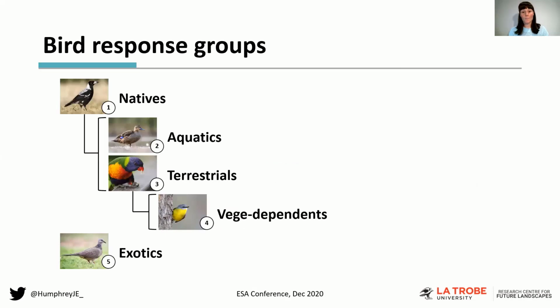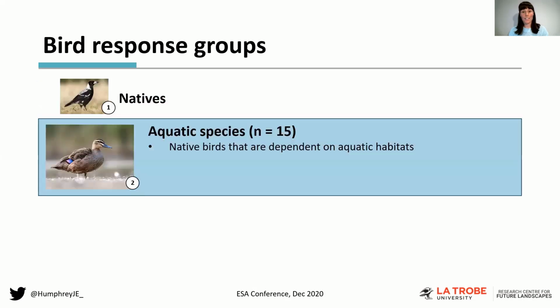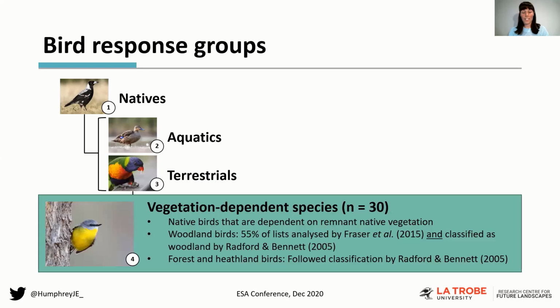To model the data, I split the 76 bird species into 5 response groups. These included native species, which were further broken down into aquatic species and terrestrial species. A subset of the terrestrial species then appeared in the vegetation-dependent species.